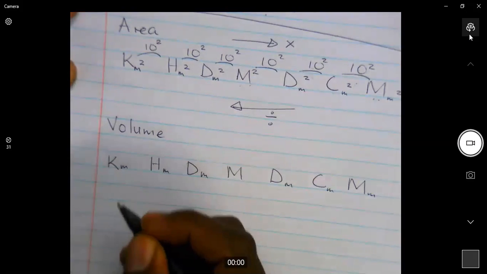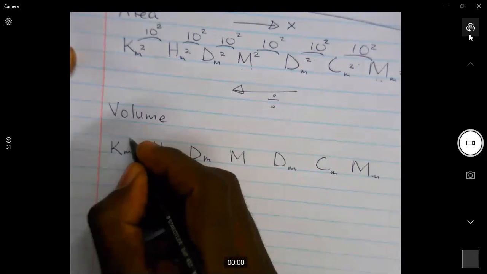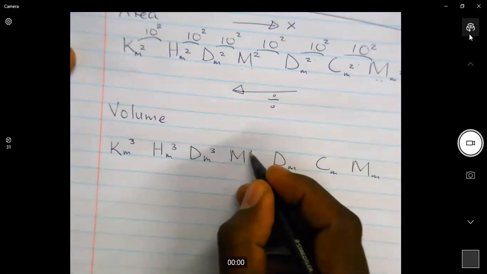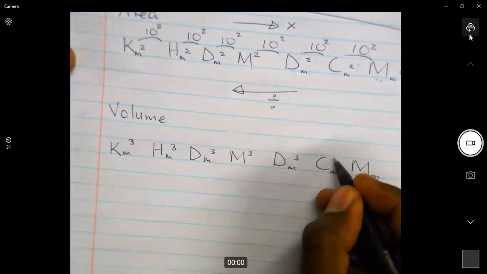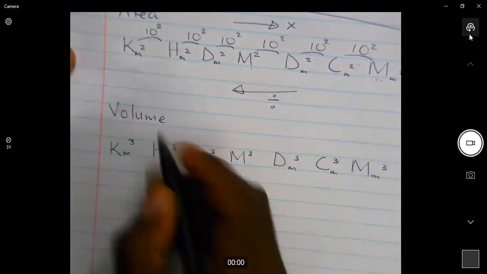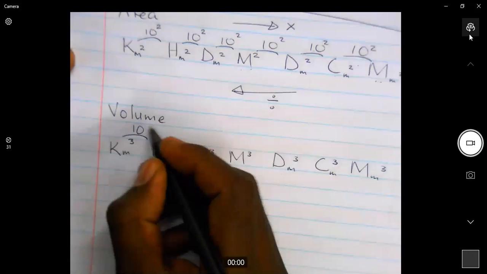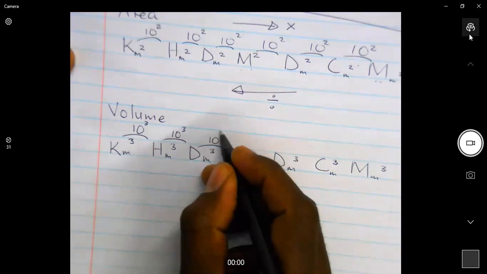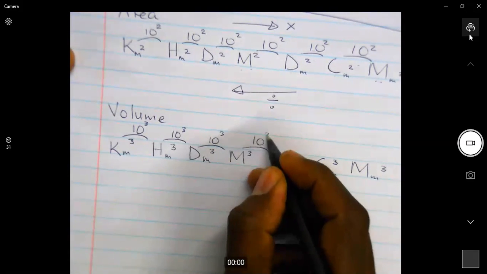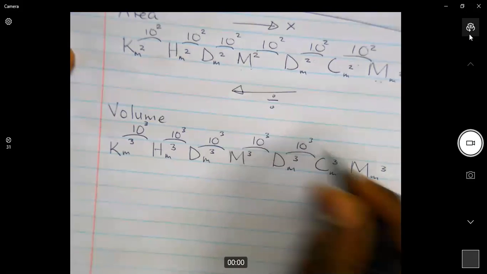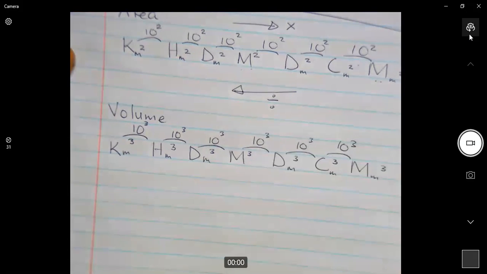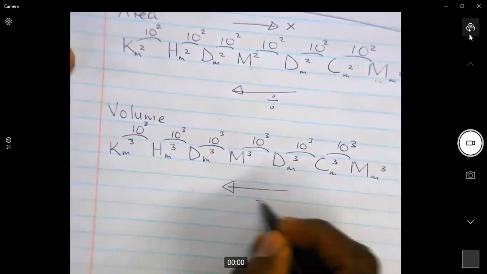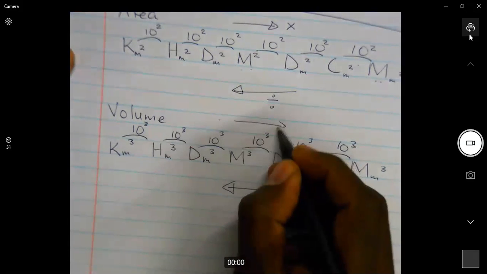Because now it's cubic, my units become cubic kilometers, cubic hectometers, cubic decameters, cubic meters, cubic decimeters, cubic centimeters, cubic millimeters. The step now is 10 to the power 3, which is 1,000. When I move from right to left, I divide. When I move from left to right, I multiply.